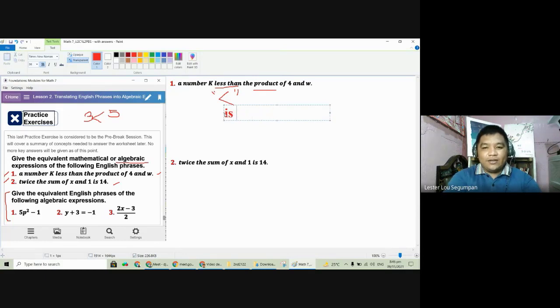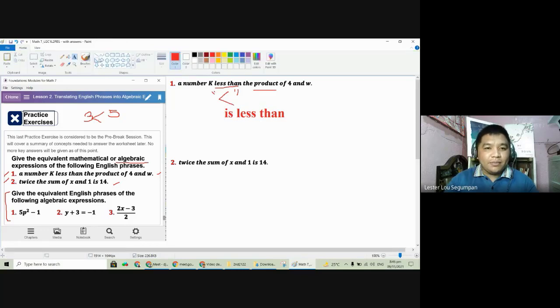is less than. It's not less than, okay? It's is less than. So we properly read this item here in our elementary years: 3 is less than 5. And the other way around, of course, the other symbol is read as is more than or is greater than.